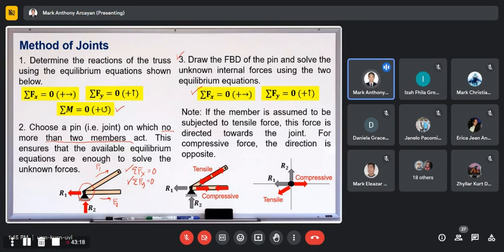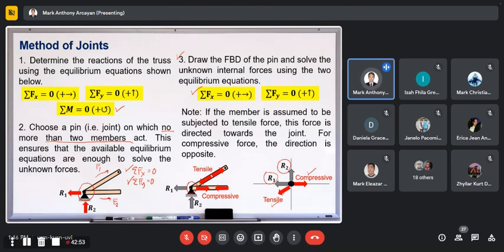Now pag-create na mag FBD ani, kani nga joint imo siya i-consider as a particle, then indicate nimo ang mga forces nga nag-exist sa kana nga joint. So we have R2, R1, then we have the compressive force nga ni-act sa horizontal nga member, then we have here a tensile force nga ni-act sa inclined nga member.